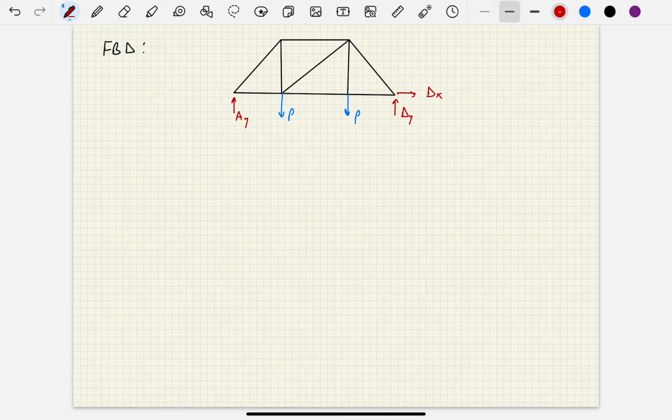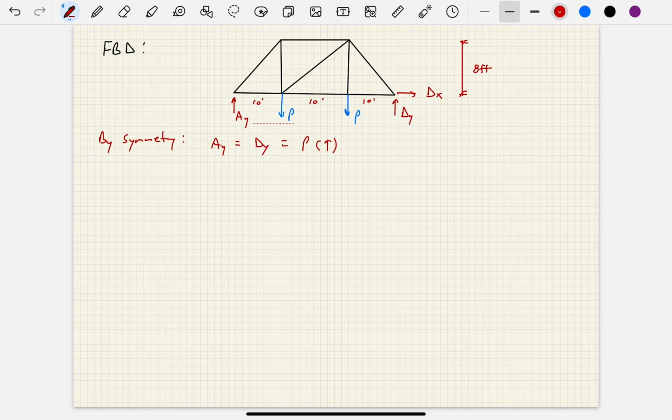And let's go ahead and put some dimensions on here, 10 feet, 10 feet, 10 feet. And then the height, if I put that height dimension line here, we said that was 8 feet, right? So clearly by symmetry, AY equals DY equals P. And we said that earlier. And P is going to be reacting upwards.